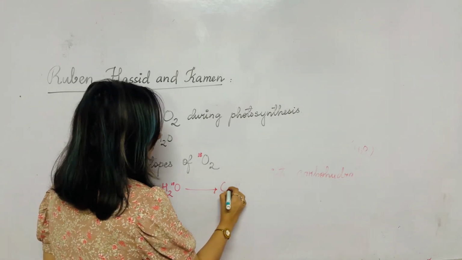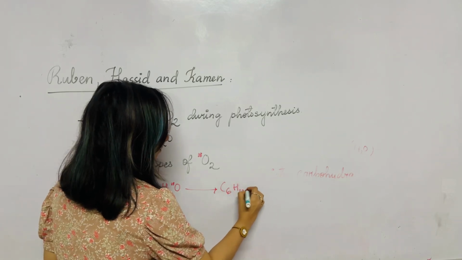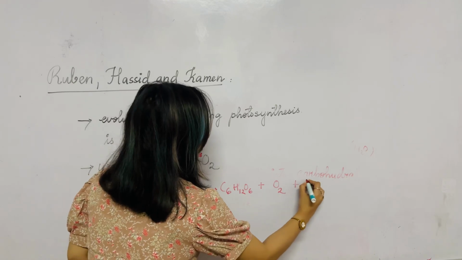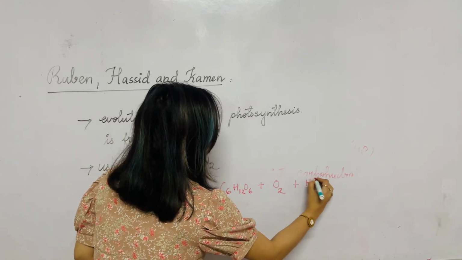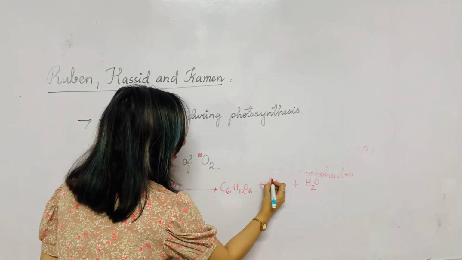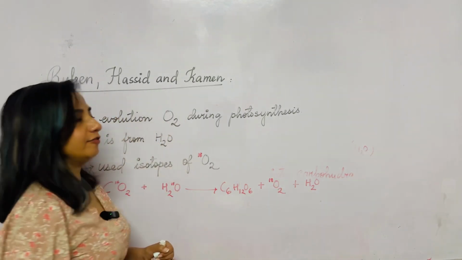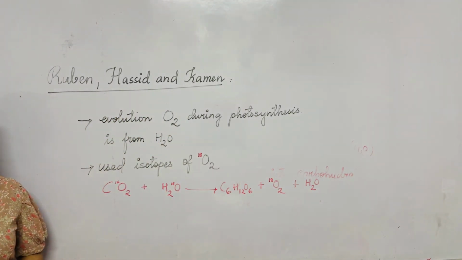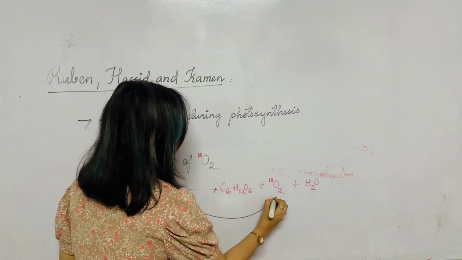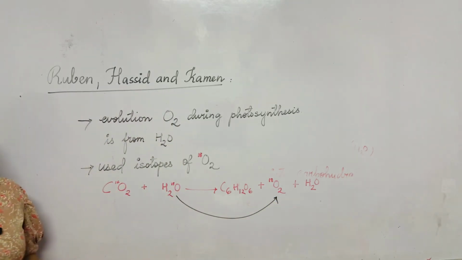Now, after release of oxygen in the process of photosynthesis, they found that the oxygen that was released had the heavier isotope of oxygen. So from this they experimentally proved that it is from water, not from carbon dioxide.